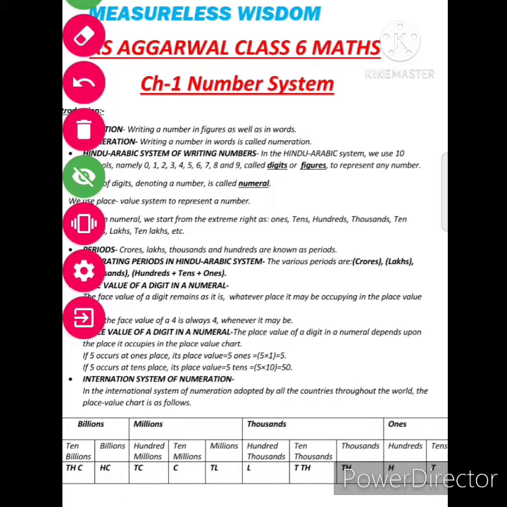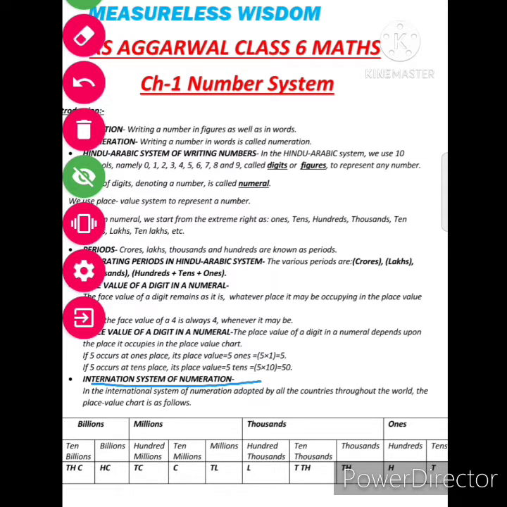I have told you recently that we will learn about the international system in coming time. We have learned recently that the Hindu Arabic system is also known as the Indian system.